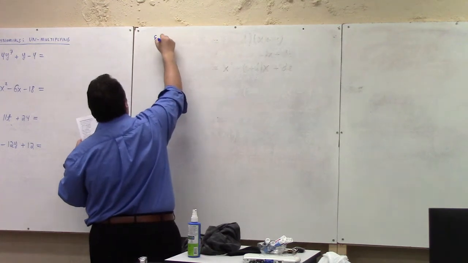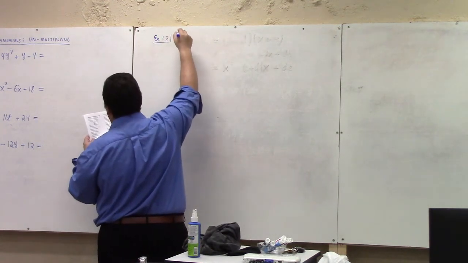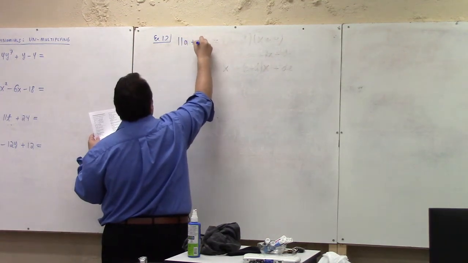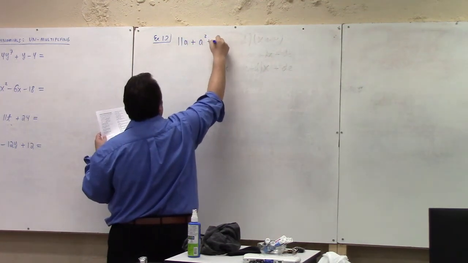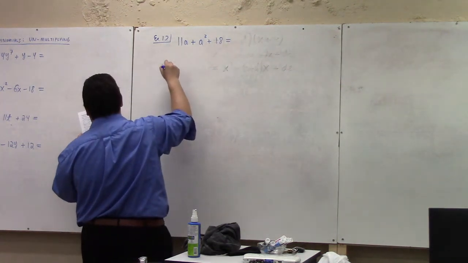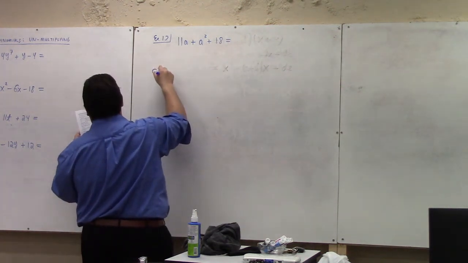Exercise 13. Here we've got 11a plus a squared plus 18. We're supposed to factor that. Exercise 14.